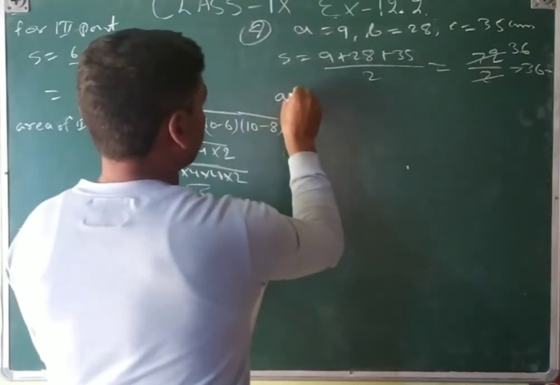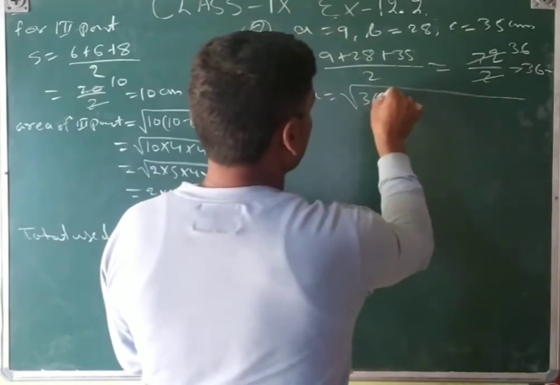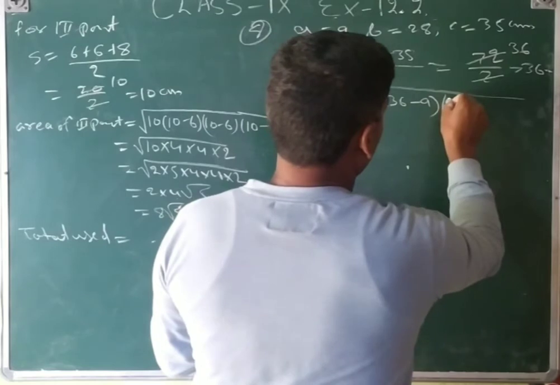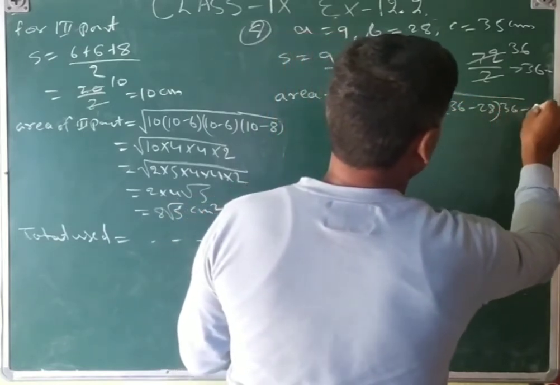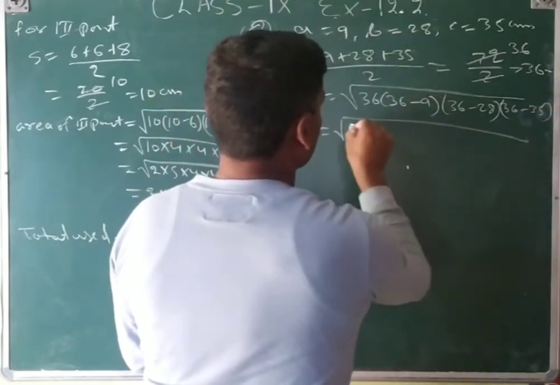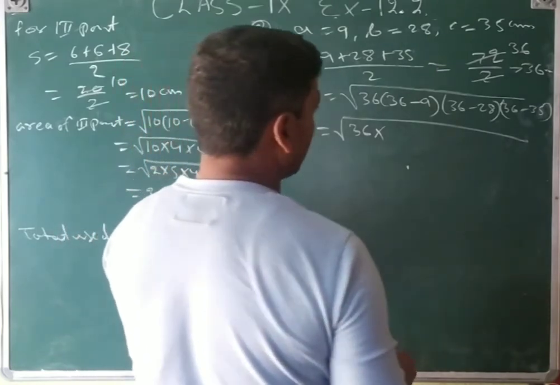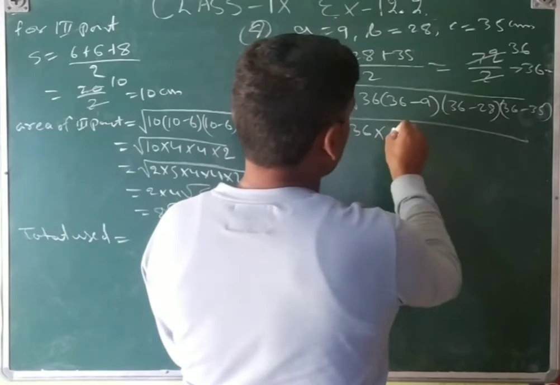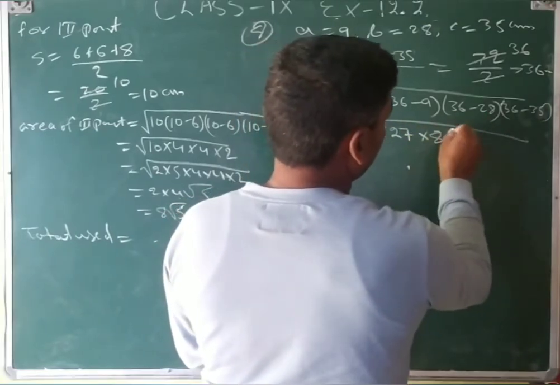So area is equal to under root S into S minus A, S minus B, S minus C, that is 36 multiply 36 less 9, that will be 27, into 28 minus... 8 into 1.